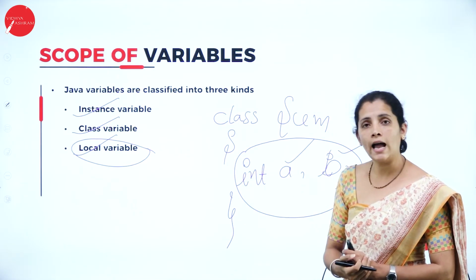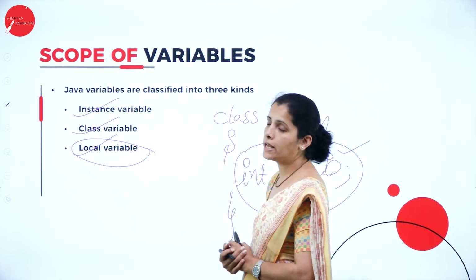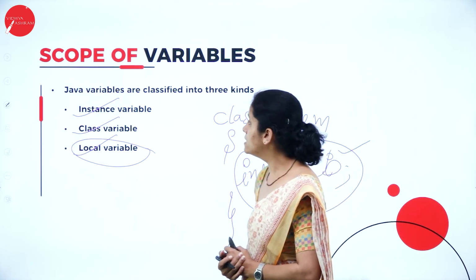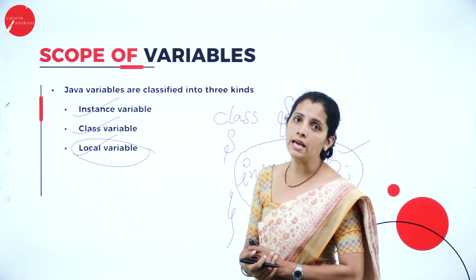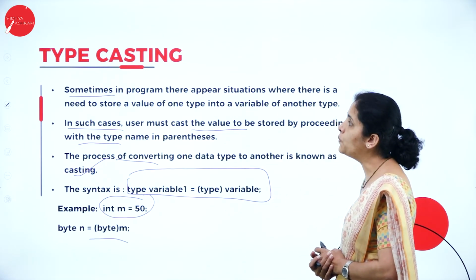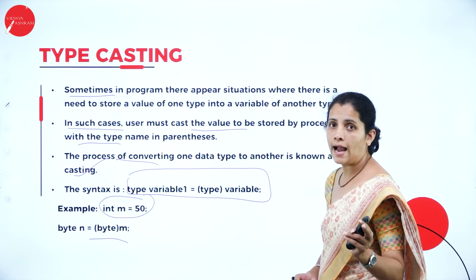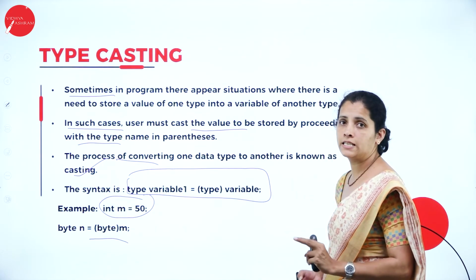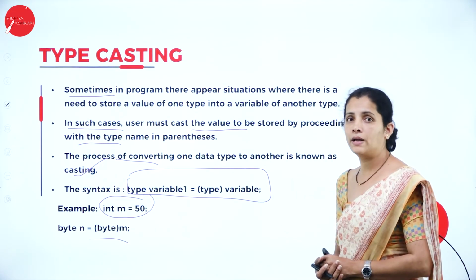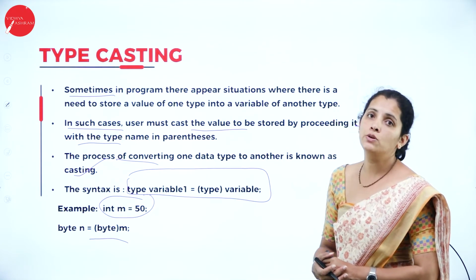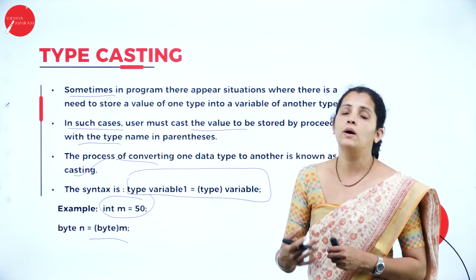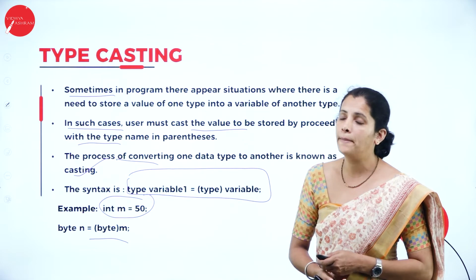Along with that, I discussed the scope of variables: instance variable, class variable as well as local variable. I also discussed typecasting, that's nothing but type conversion, one by using the explicit method and one by using the implicit method.